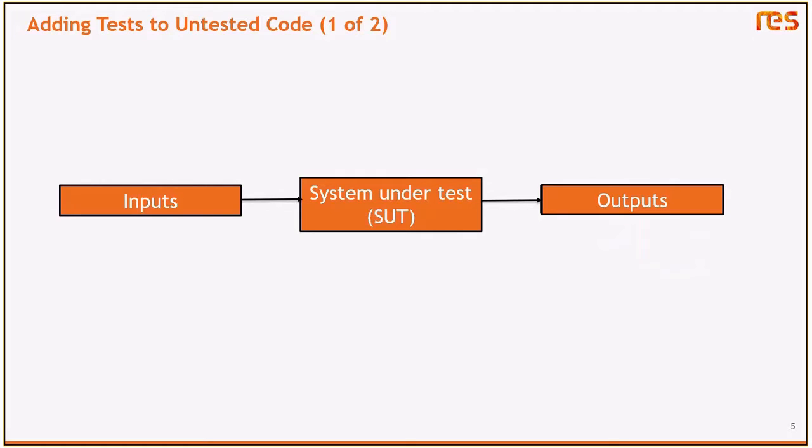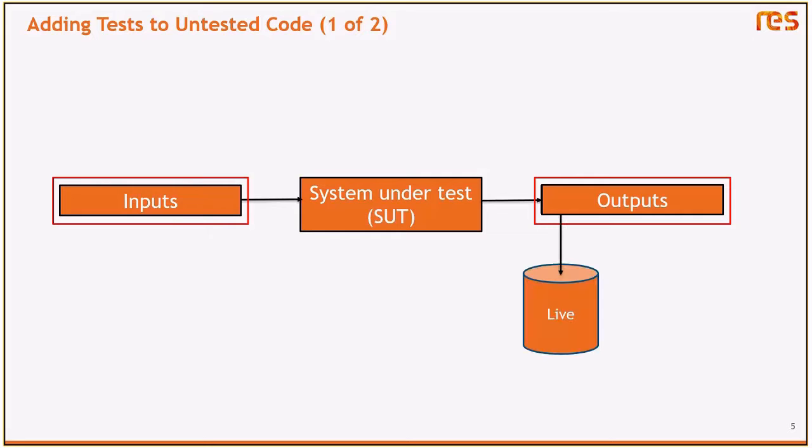We can use this as the basis for actually developing some tests, because if we know a set of inputs and their resulting outputs, then we can use this to define an initial system test for the SUT. You know the inputs, you know the outputs, and therefore you've got the basis of a simple regression test here. If the regression test passes, then you're reasonably confident that the SUT still has the same functionality that it did before.